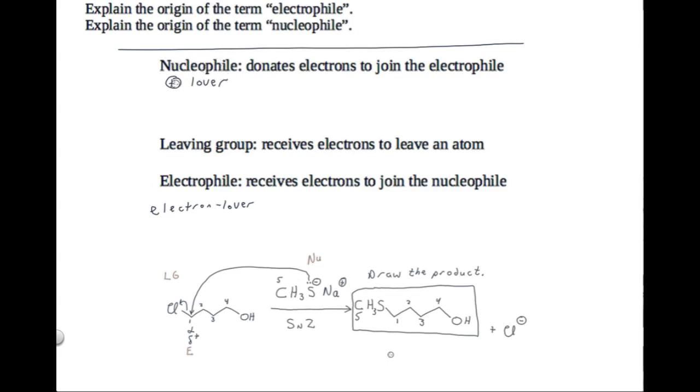Nucleus lover here really means positive lover, because the charge on a nucleus would be positive. A nucleophile is something that likes to react with something that is positive. It should make sense that if you want to donate electrons, it's going to be easy to donate electrons to something that is positive. So a nucleophile likes reacting with something that is positive.